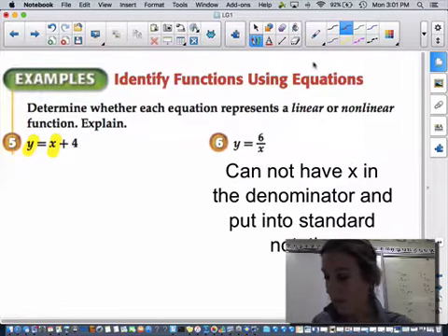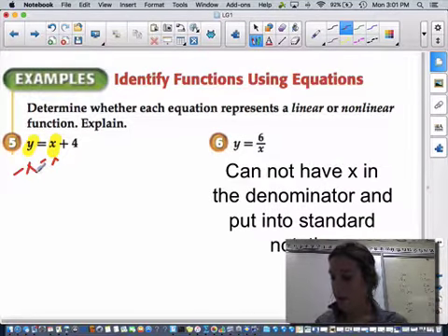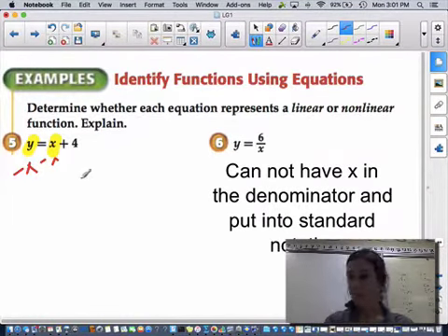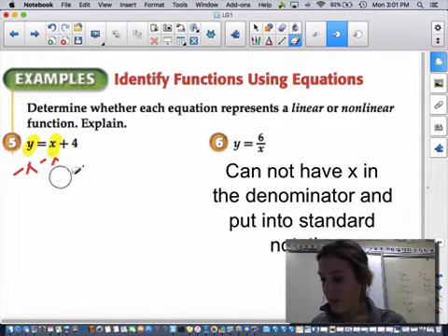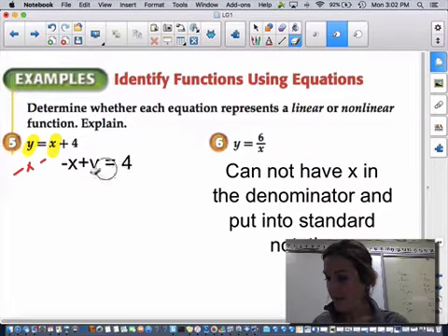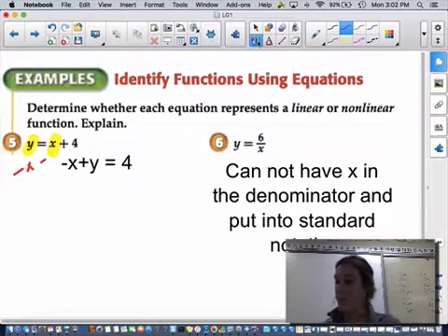I absolutely can. I can subtract x from both sides, and when I do that, I bring my x to the other side, and it is a positive y, so I would have negative x plus y equals 4. So now it has been arranged into standard notation.